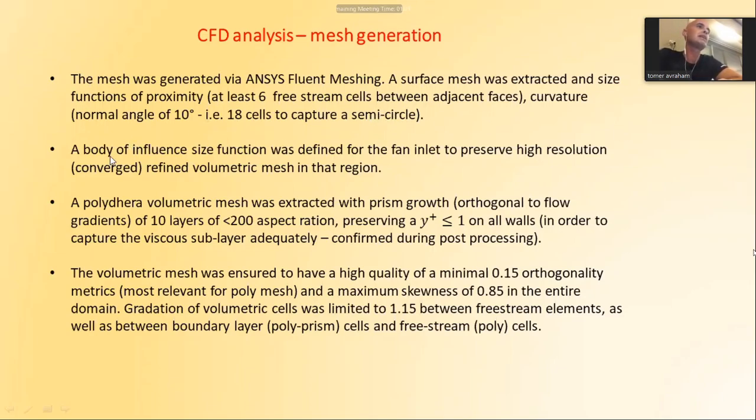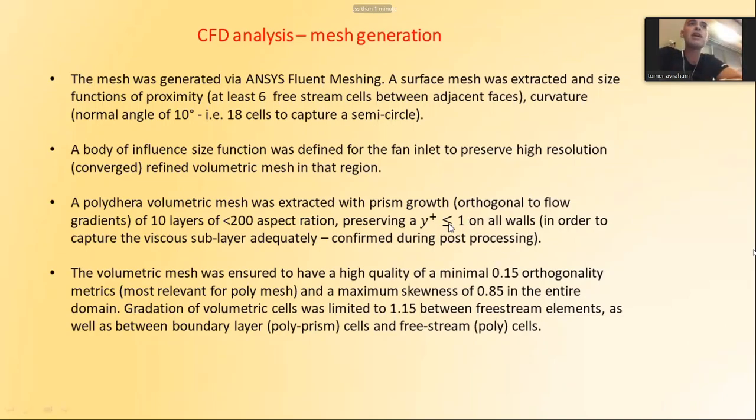It means that the resolution was such that the turbulent boundary layer was in full resolution, which means we fully modeled the turbulent boundary layer, which is comprised of a viscous sublayer, log layer, and a defect layer, and the free stream.